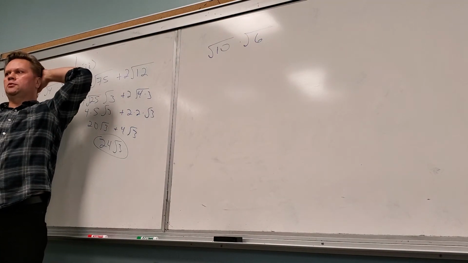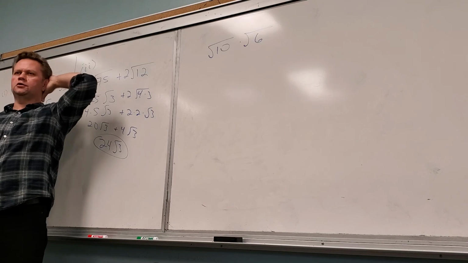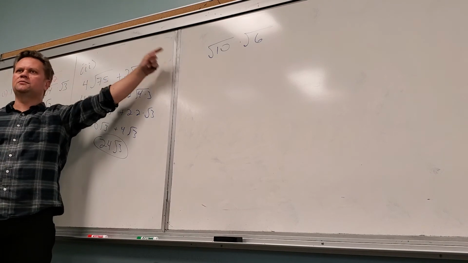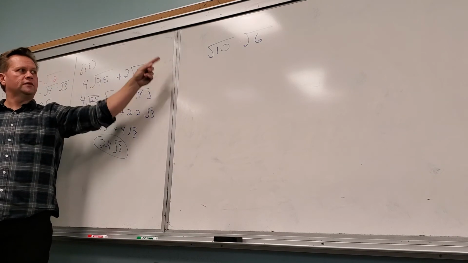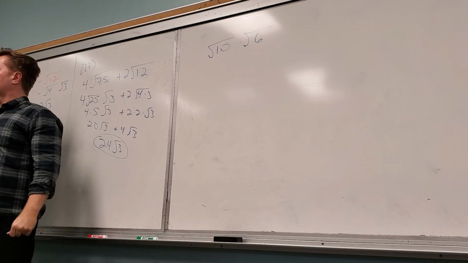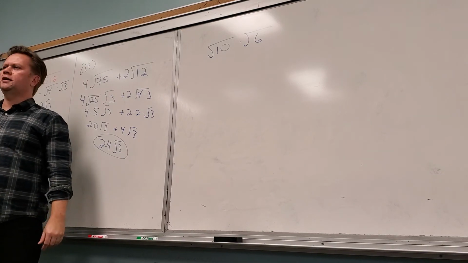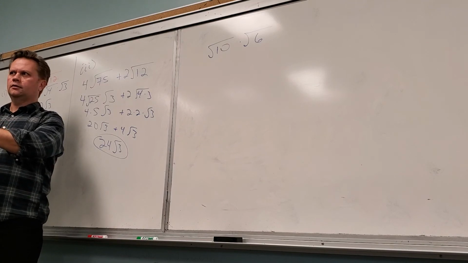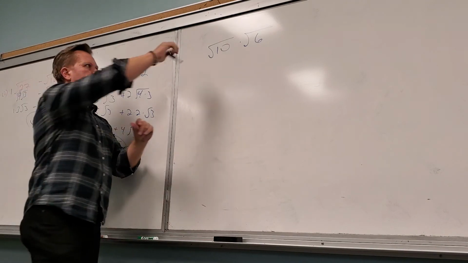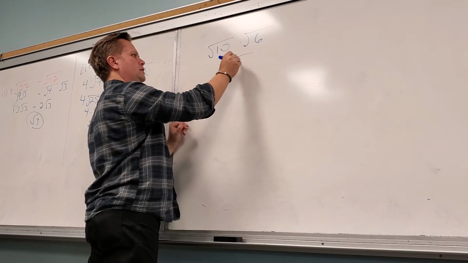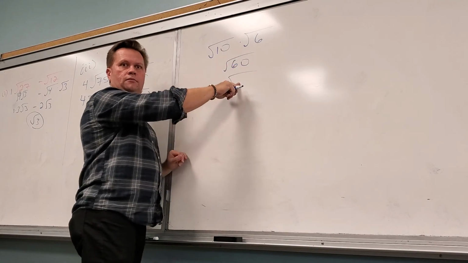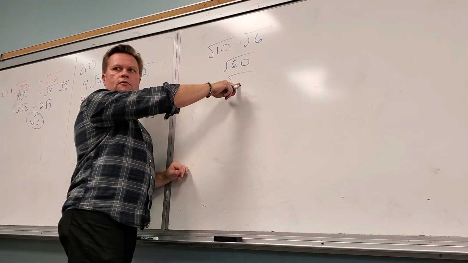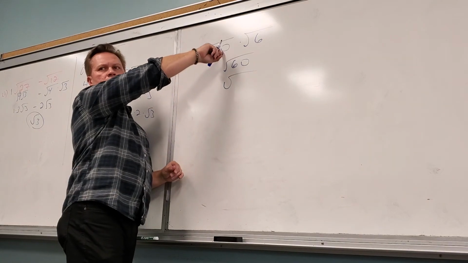What's the operation between those two? Multiplication. So I'm not trying to simplify and combine it, it's multiplication. Are they both the same root? Same root, yes. So I'm allowed to go ahead and combine them. That's what we just talked about earlier. So what do I get? Square root of 60. You can break that down. Real quick, doesn't 10 have a factor of 2?